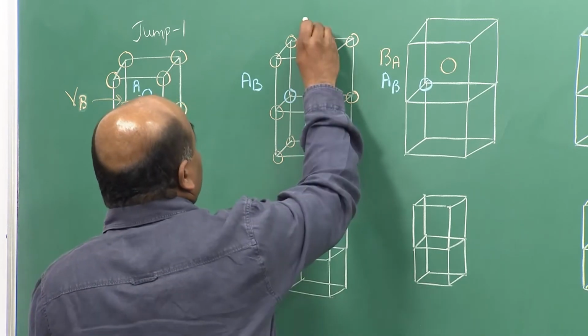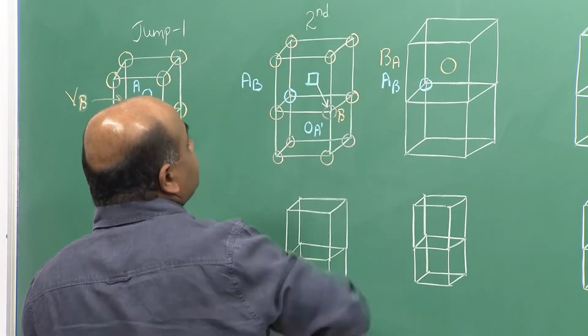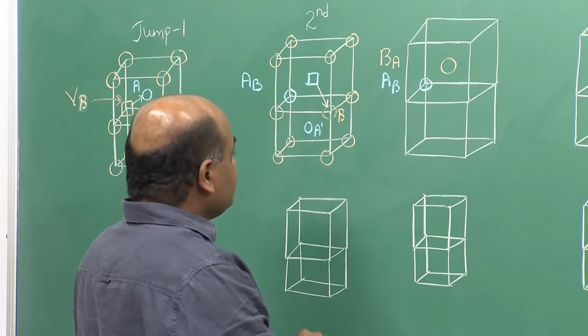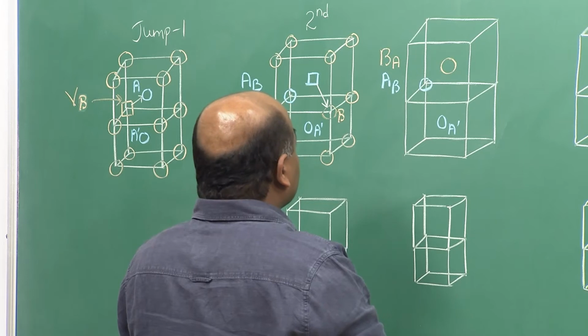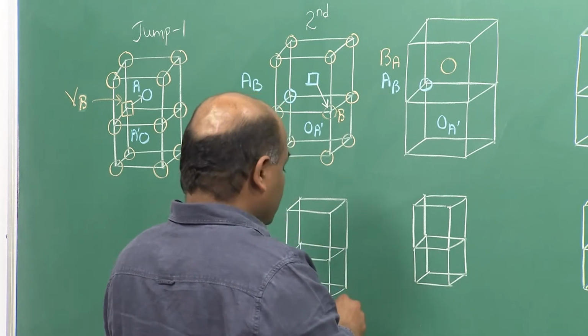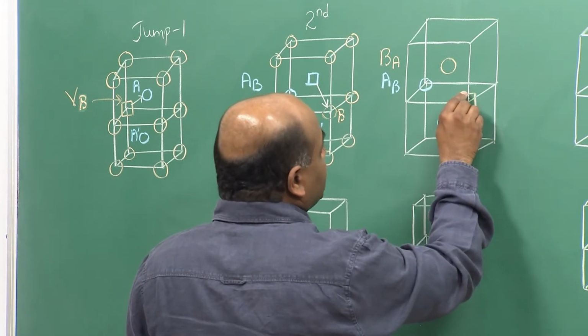So, this was the second jump, then A prime is where it was, and the vacancy has moved to a B sublattice.